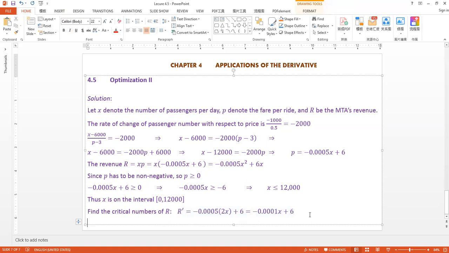So the critical number is, we need to set R prime equal to 0.